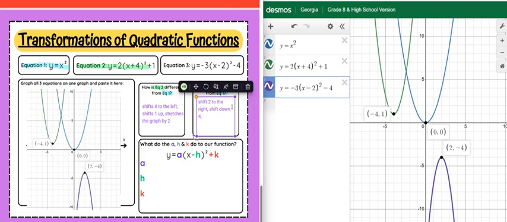And then it's going to stretch by a factor of 3. And that negative out front will reflect the graph over the x-axis.